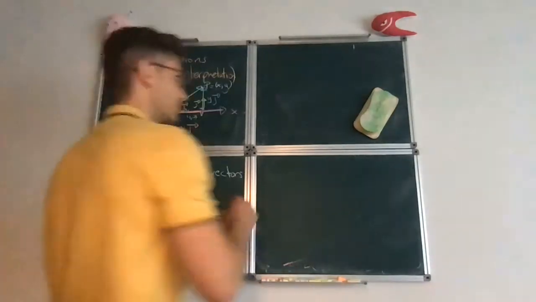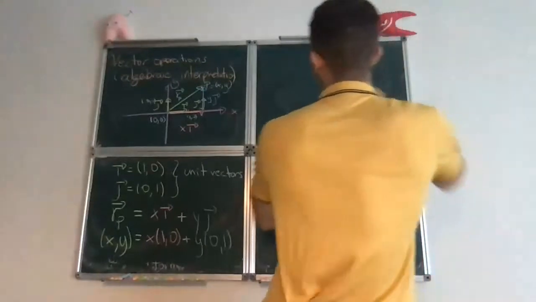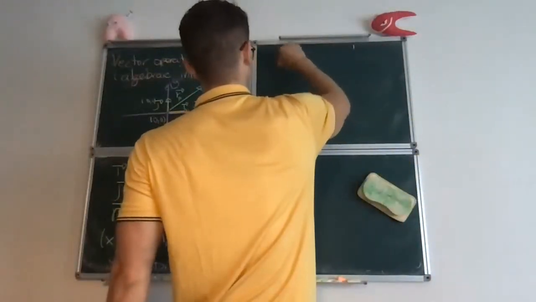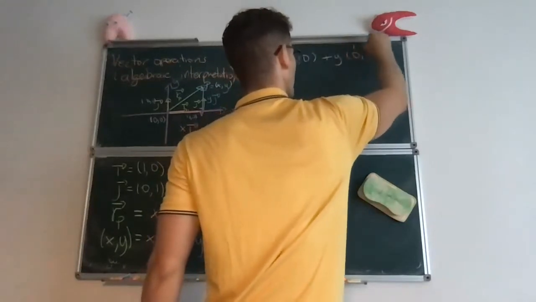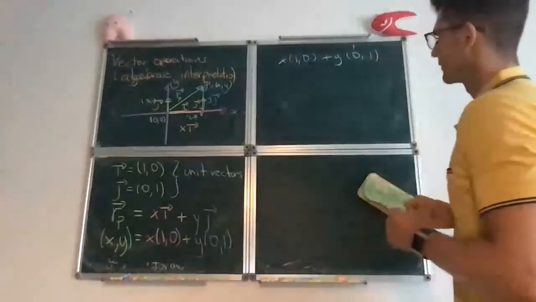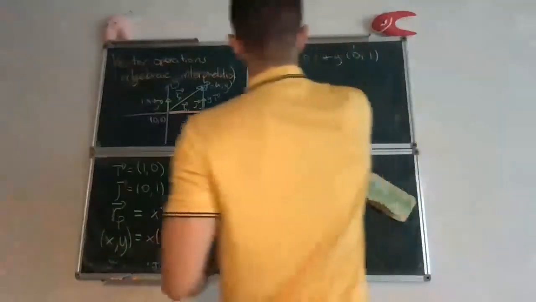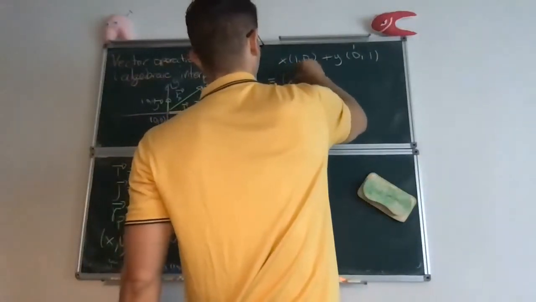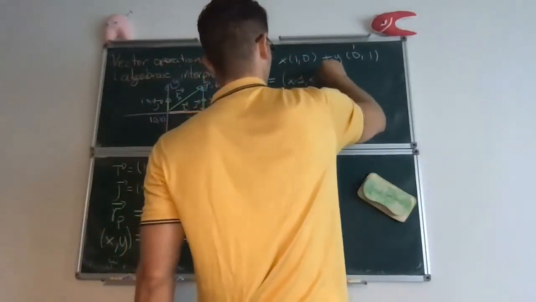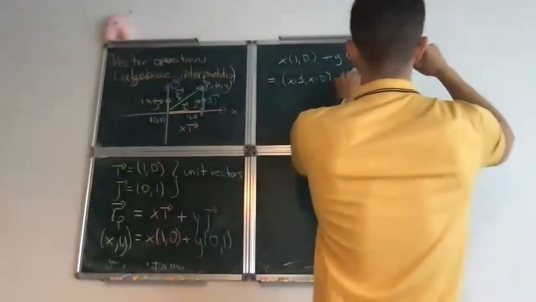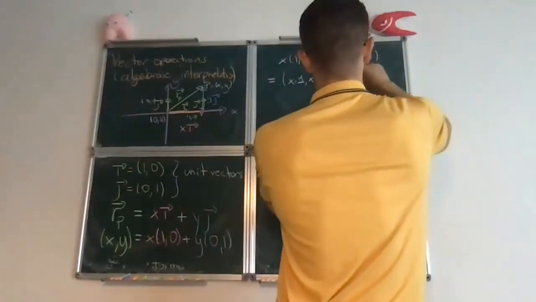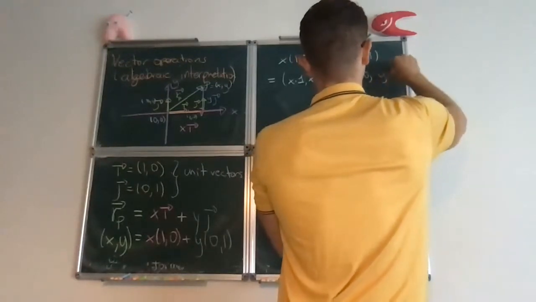So let's just work it out here, in case you haven't seen this before. This is the same as x times 1, x times 0, plus 0 times y, y times 1.